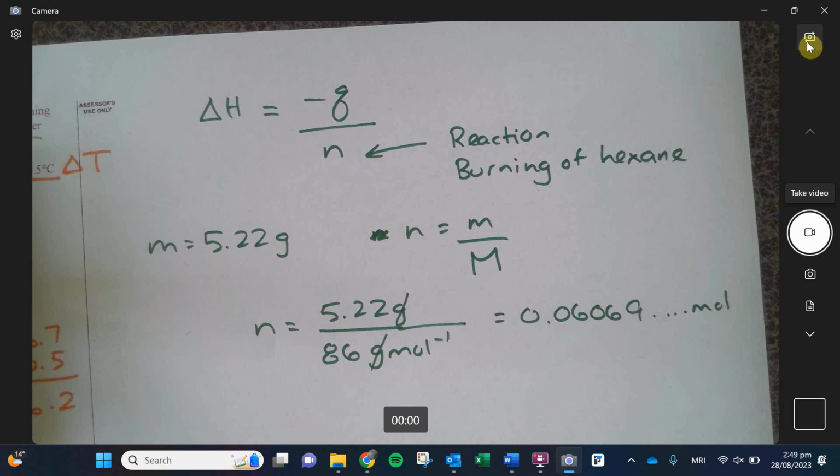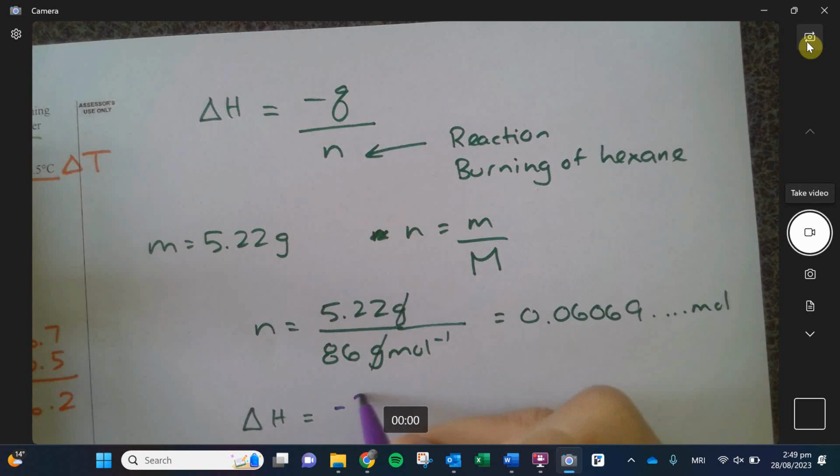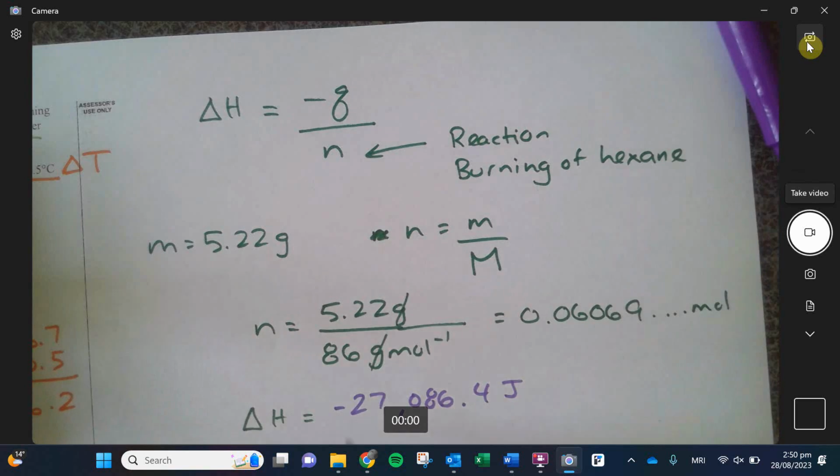Keep going. Okay. So delta H is going to be equal to my negative Q value. I found that in my last question. It would be negative 27,086.4 joules. And I'm dividing it by the n value that I got. So that would be 0.06069 moles. I'm feeling lazy.